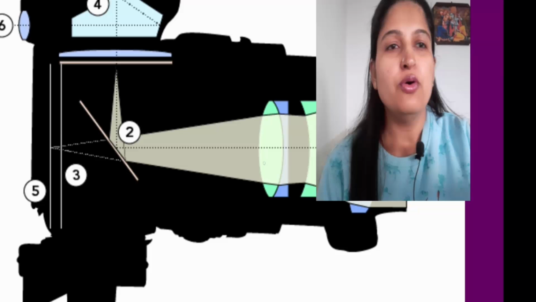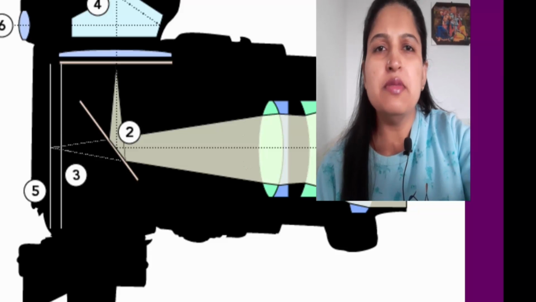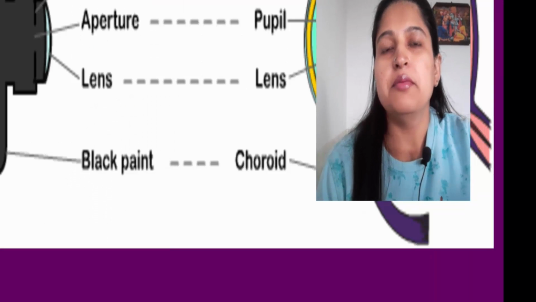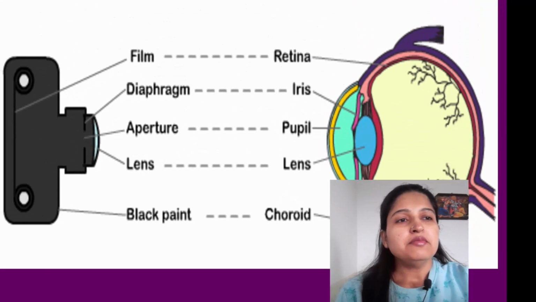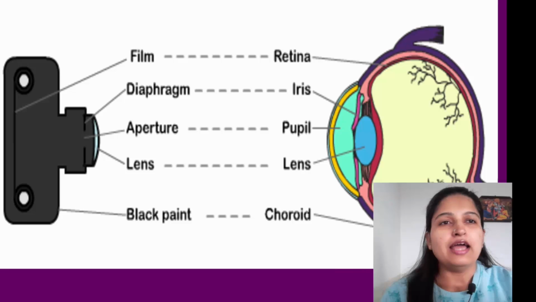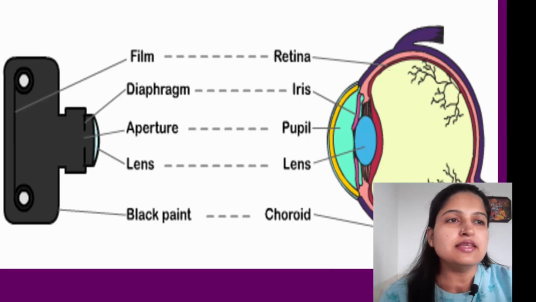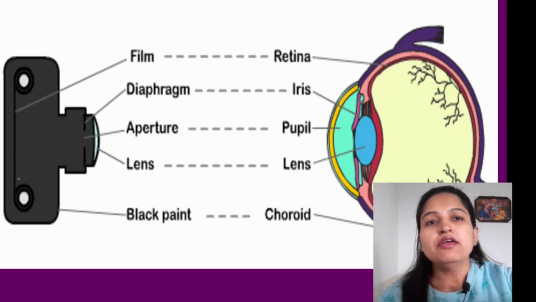Fine. So these two processes are very much similar in many things. Here you can see a comparison between the different parts of an eye and a camera. In the eye we have the retina for image formation, and in the camera we have the film. Nowadays it is known as the image sensor chip.